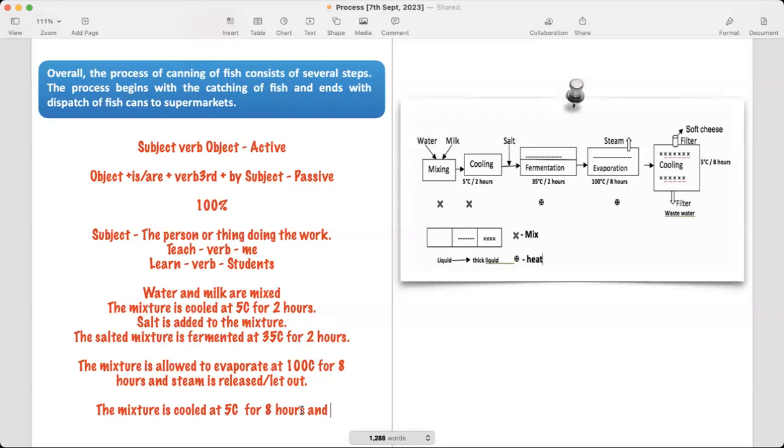Thick liquid. किस चीज को? अभी अभी आपने क्या करा? किसको फिल्टर कर रहे हैं? हाँ, you're very close. The cool mixture. Yes, sir. Cool mixture is filtered to produce soft cheese.